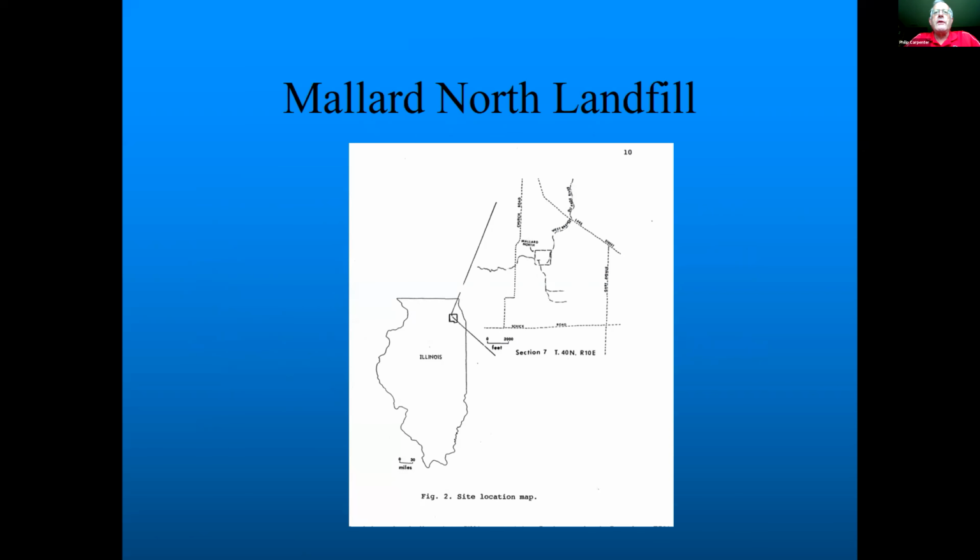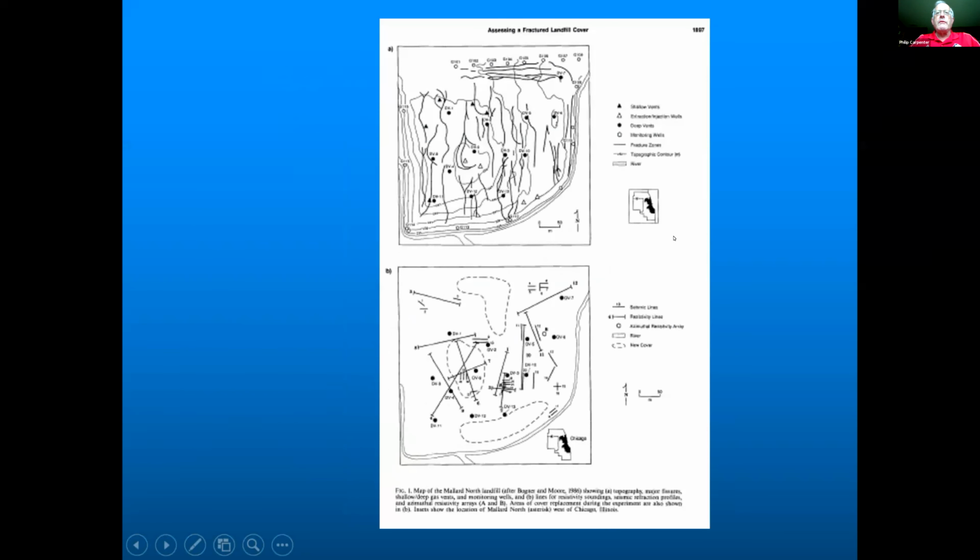And that is located in Hanover Park, Illinois, just outside of Chicago. It's not a really great picture of it, but that's where it is. A big problem with this landfill was fractures.